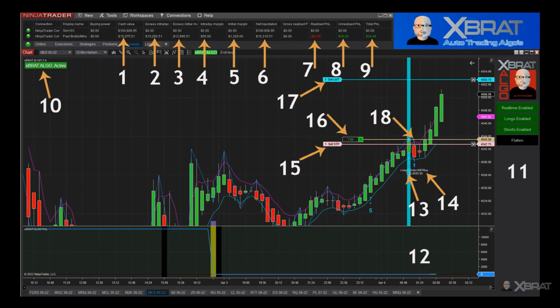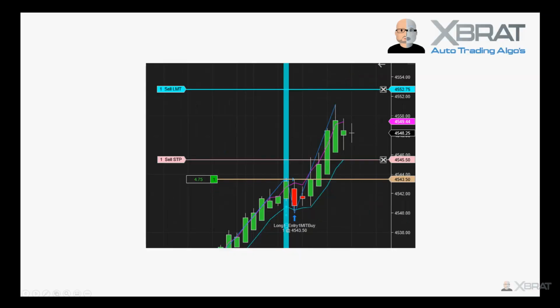Another day it might be 50 ticks, so that's already done automatically for you. And then finally, number 18, this little blue right facing arrow here is the actual entry as well for this long trade. So let's go on to the next slide.